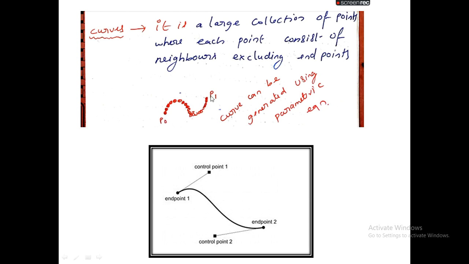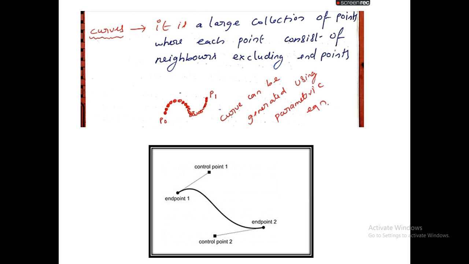Between the first endpoint and the last endpoint we have a sequence of pixels, and every pixel between them has neighbors.